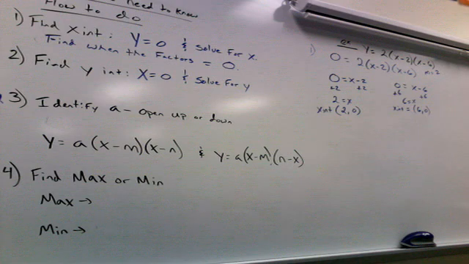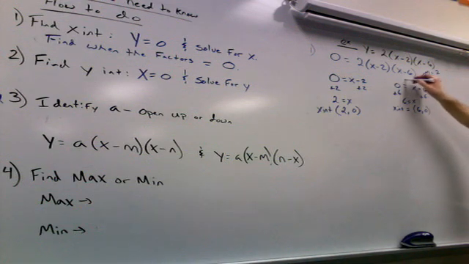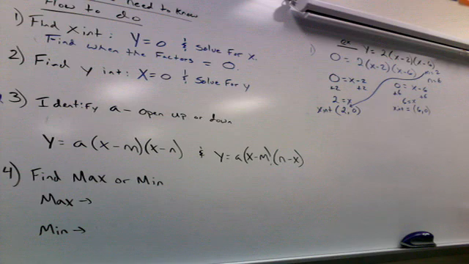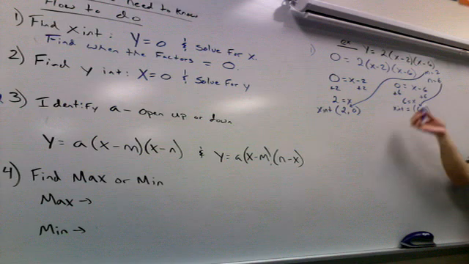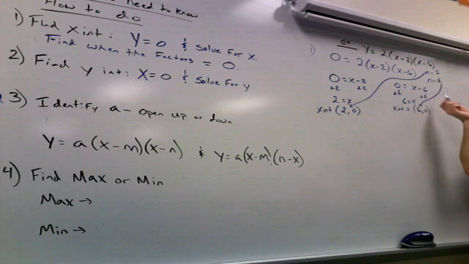N is 6. The m is right there, and the n is right there. So instead of going through all this, if you can pick out your m and your n, then you know your x-intercepts.